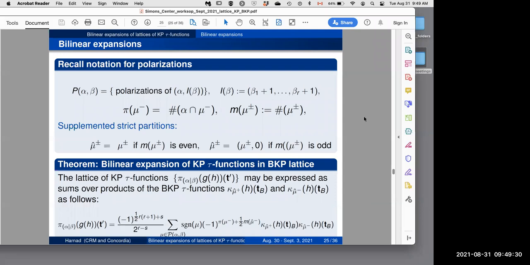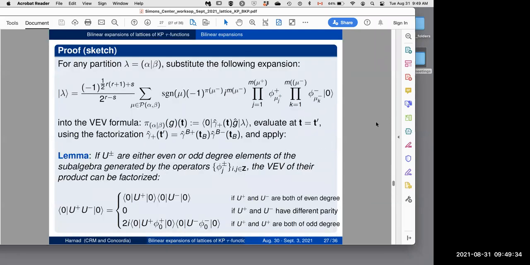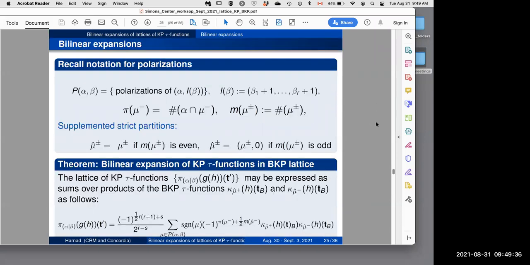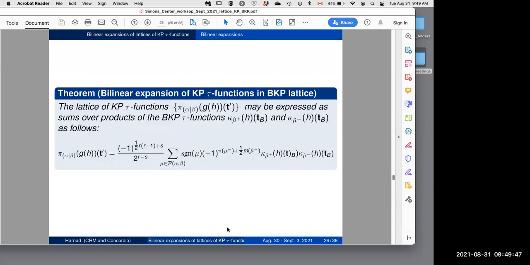This is the most general form of that identity in terms of functions. And these functions are not just Schur functions or Q Schur functions, but this lattice of KP tau functions and BKP tau functions. I'm just repeating it here for you to look at.